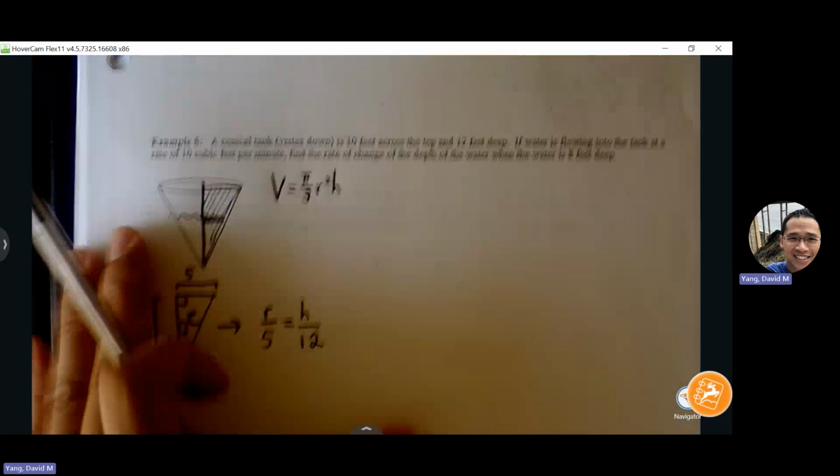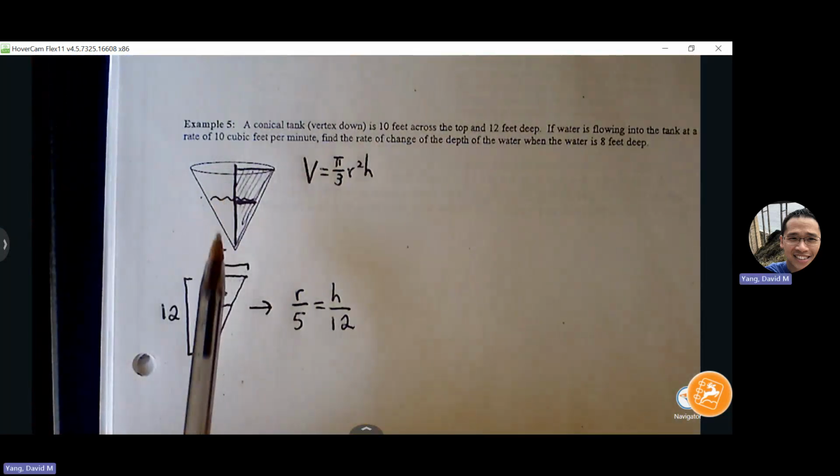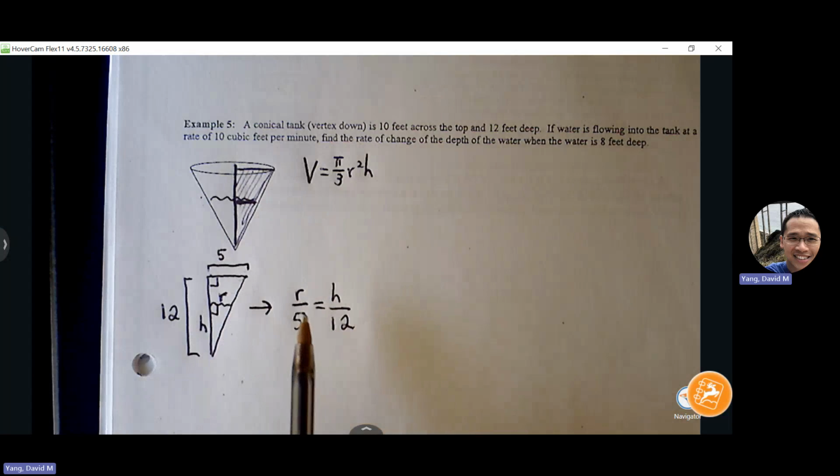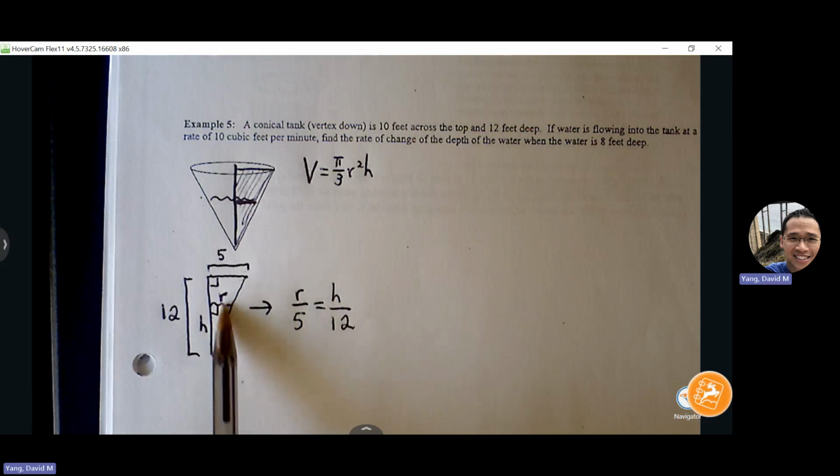Okay, so we talked about how this is really a triangle within a triangle, so we have a similar right triangle relationship here. R and H are moving. These are also cones, but this is the water shaped by the container, so it looks like a cone, but it's ever changing.